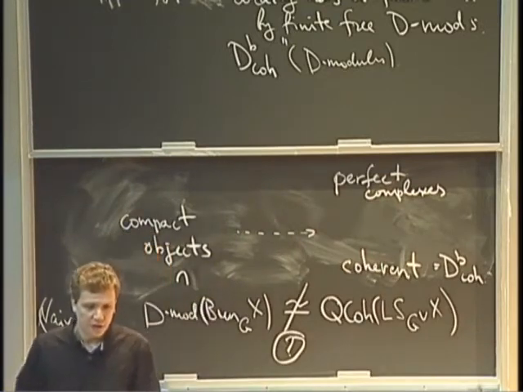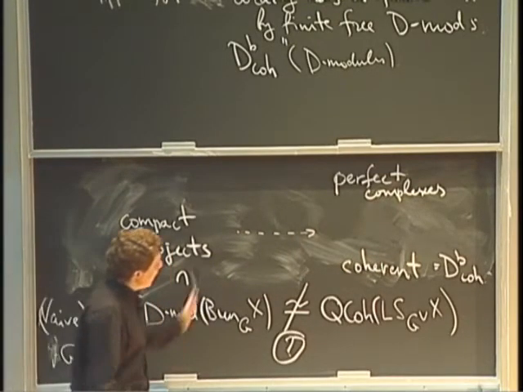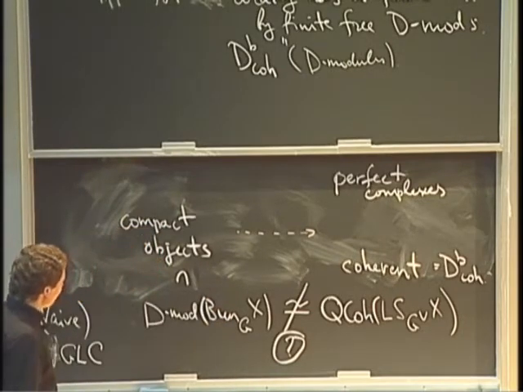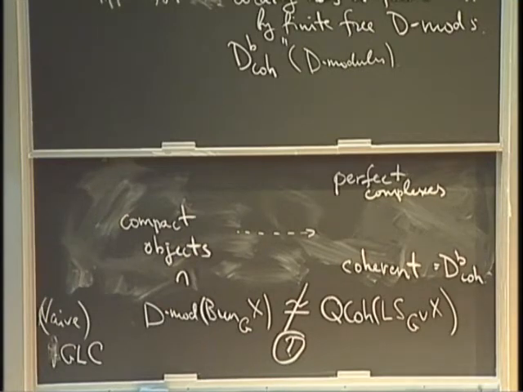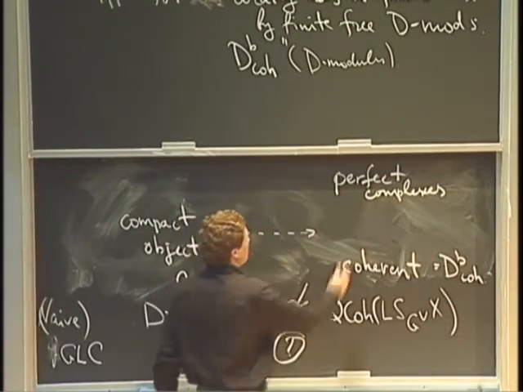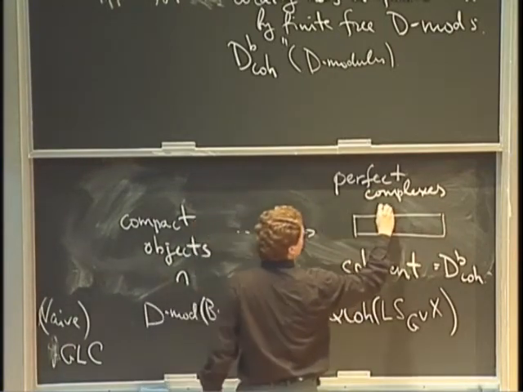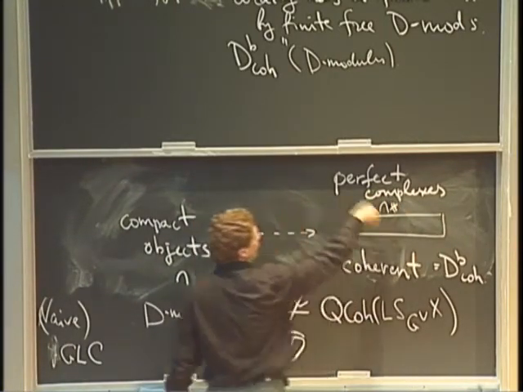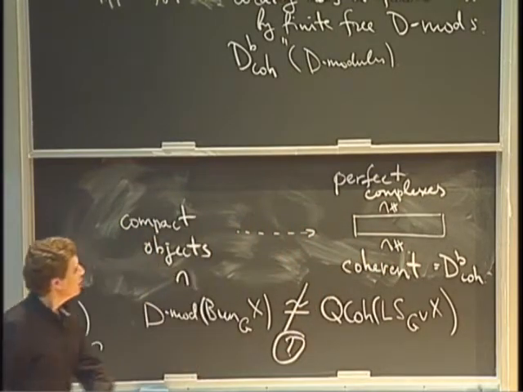When I say coherent, I mean what traditionally would be denoted by D^b Coh. So bounded complexes with coherent cohomology. And in fact, if you study this, for example, this Eisenstein series construction, or study this example more carefully, you realize that it's somewhere in between. So it actually lands in something that's strictly larger than one of those categories and strictly smaller than the other.